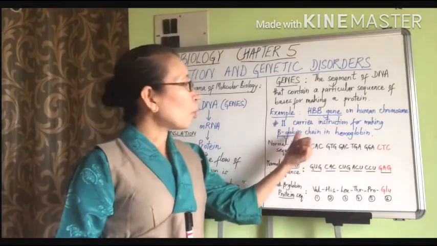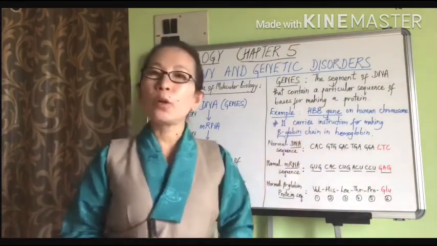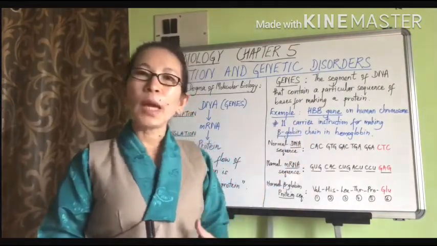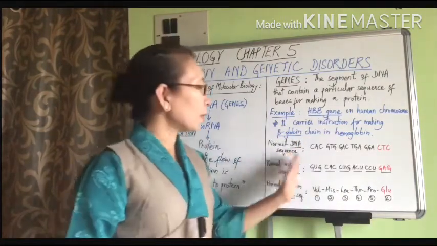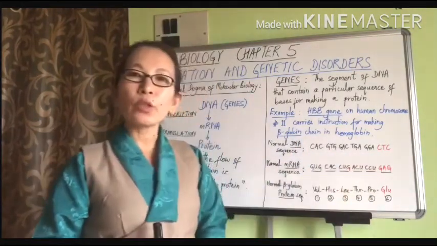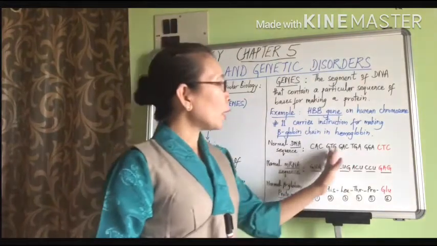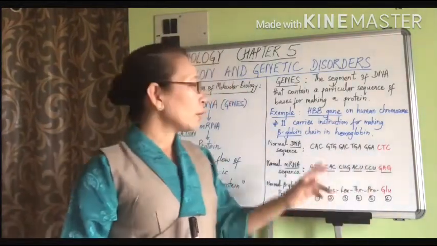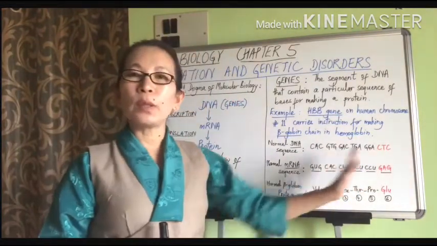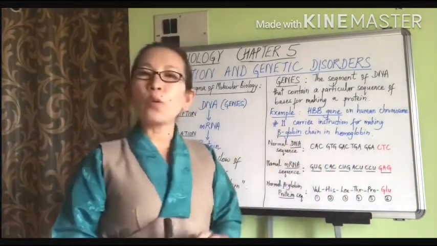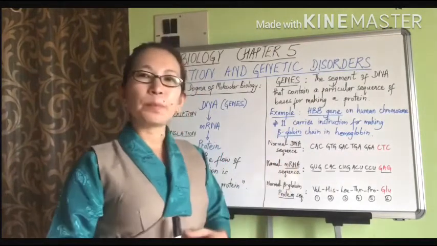Now, a normal beta globin polypeptide has 146 amino acids. But in this illustration, we are just going to look at the first 18 base pairs of the beta hemoglobin DNA, or the gene.